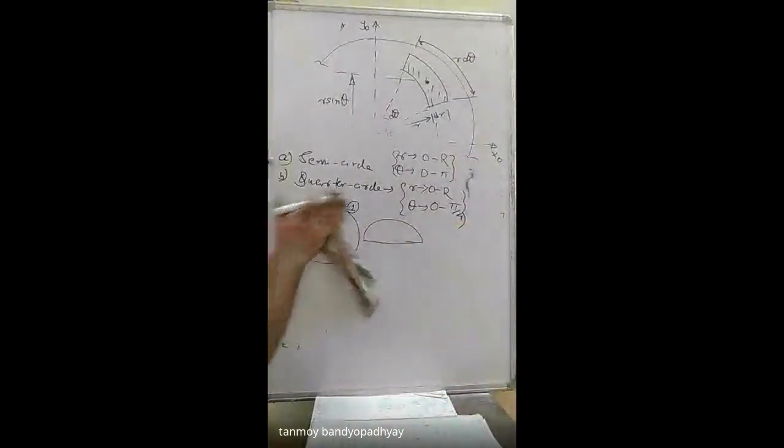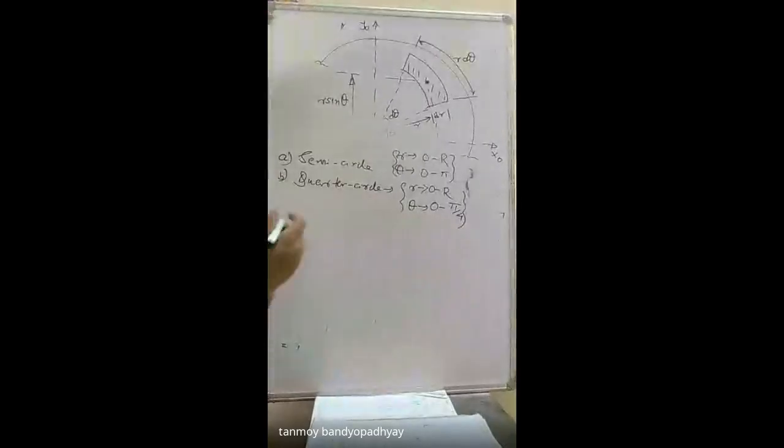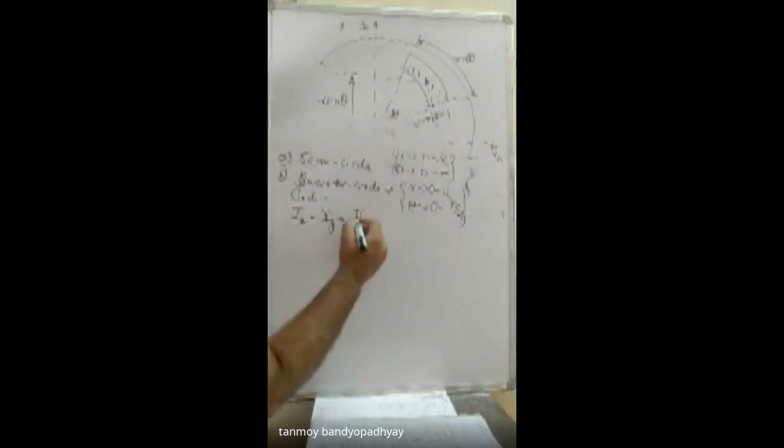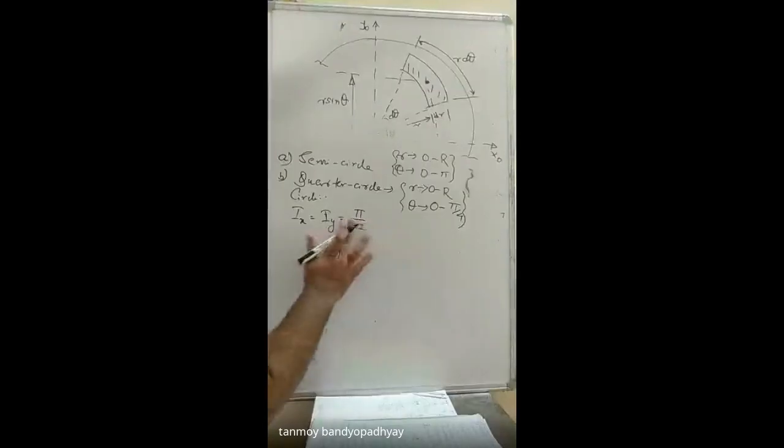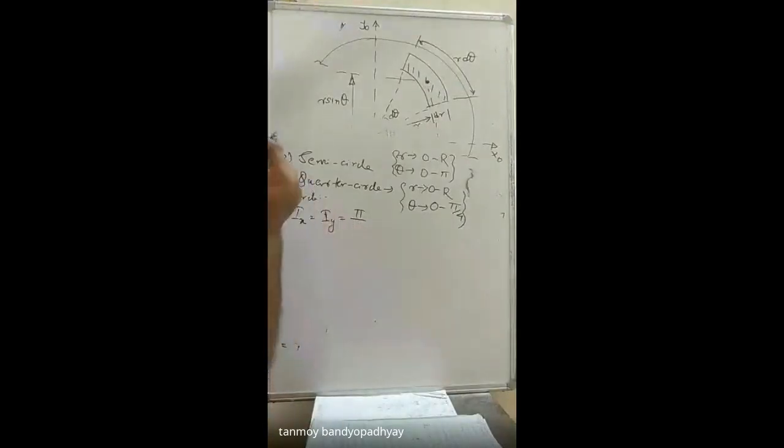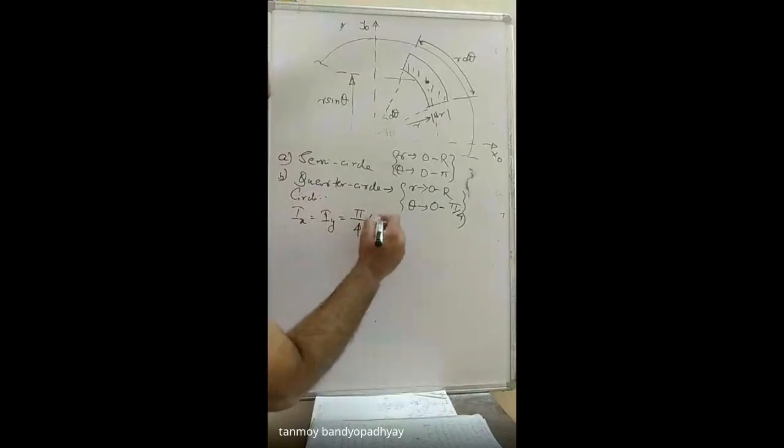So what I was telling is, for a circle, Ix is equal to Iy, which is equal to pi by 4 R to the power 4.